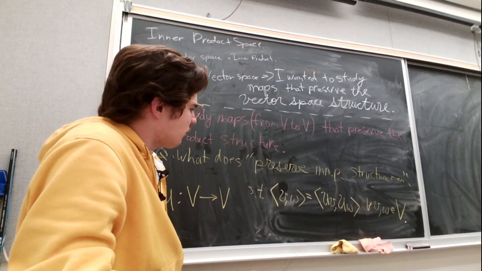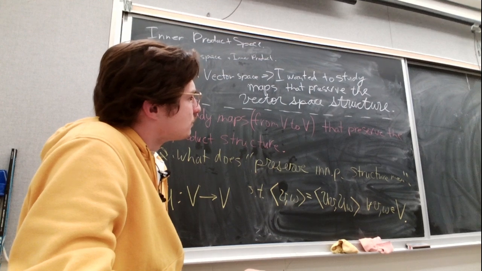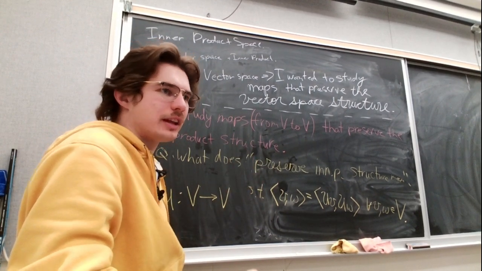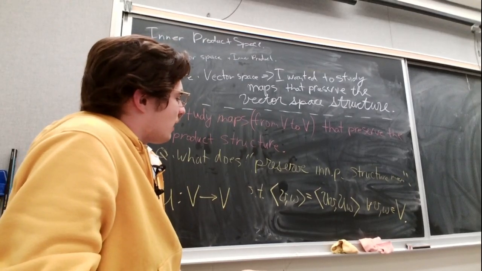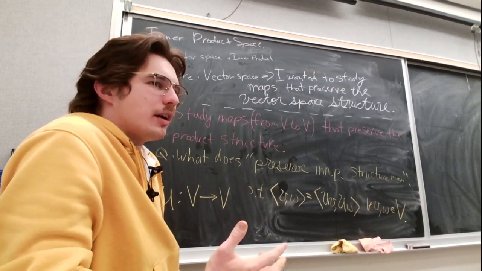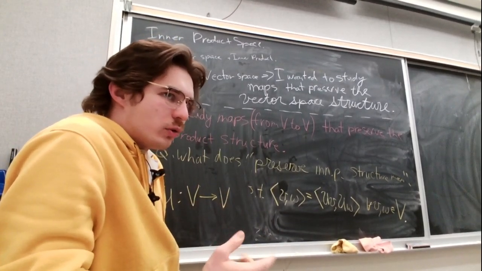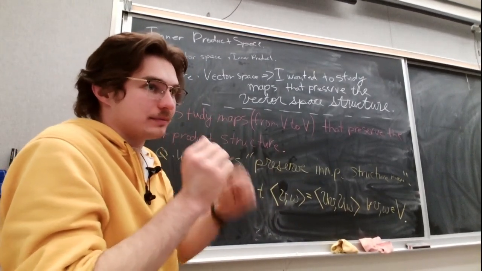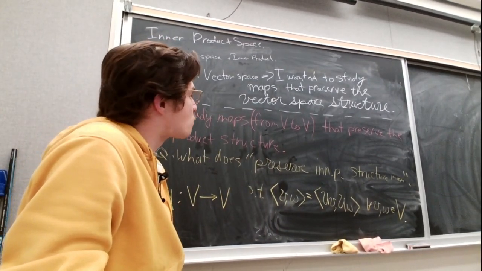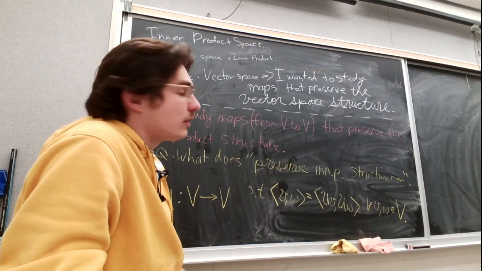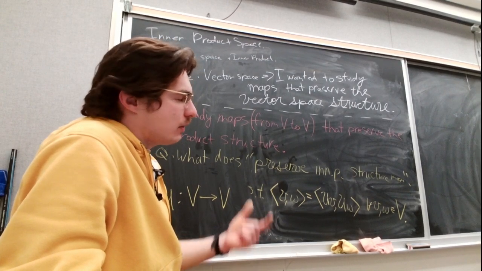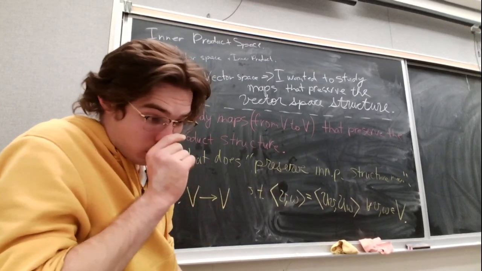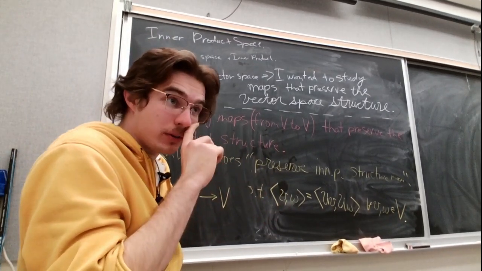Now, let's think about this in an example. Remember we had the example of R2, just a plane, which had some inner product defined on it. If I had two vectors and I took the inner product between them, what did the inner product really tell me about those vectors?